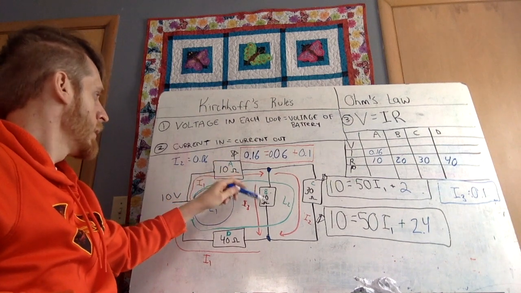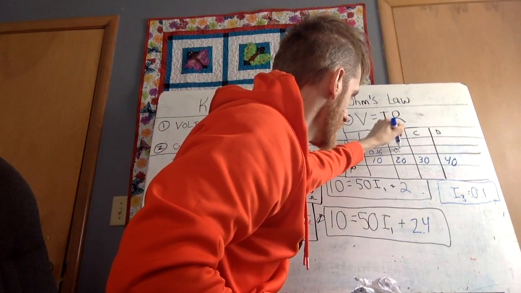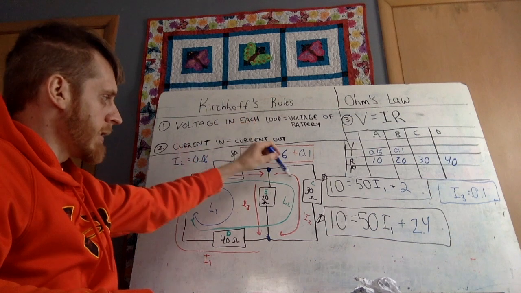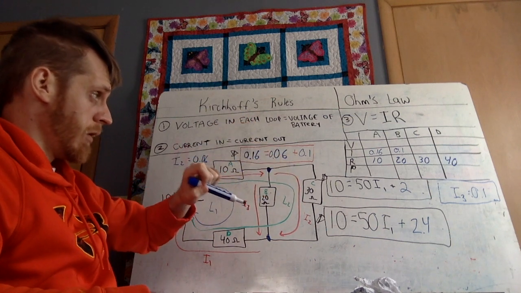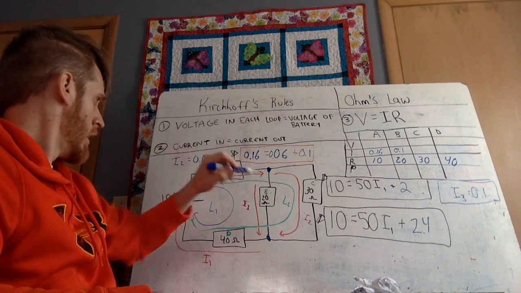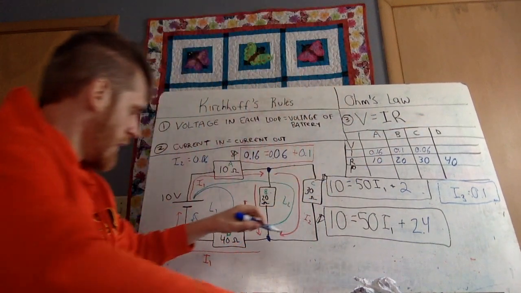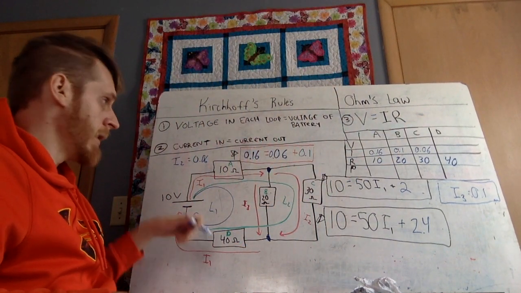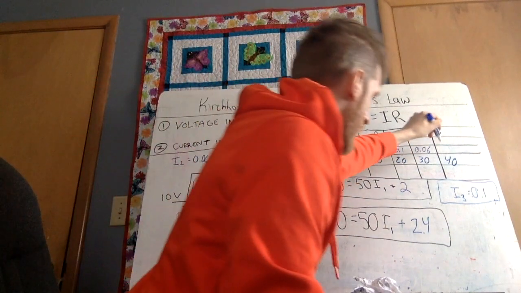I3 was 0.1. All right. Then for C, I have to put down whatever I2 is, because that's what it's using. I2 was 0.06. And then for 40, I can use I1 again, because I1 was the path that it took, 0.16.